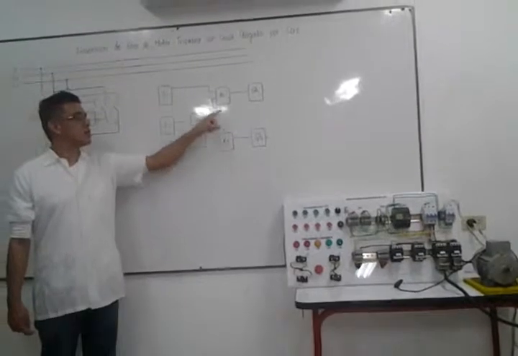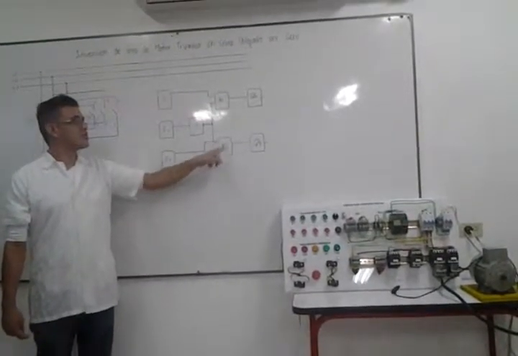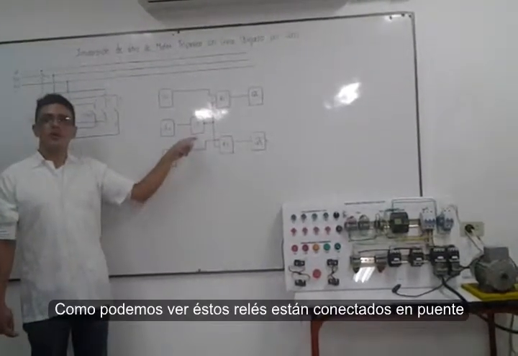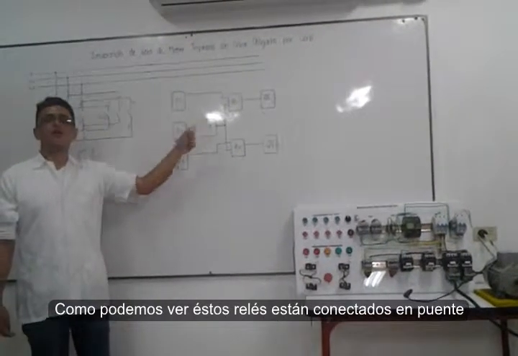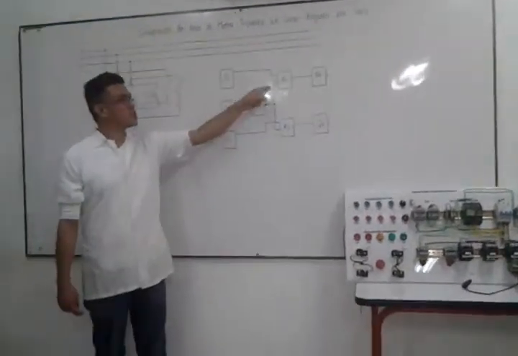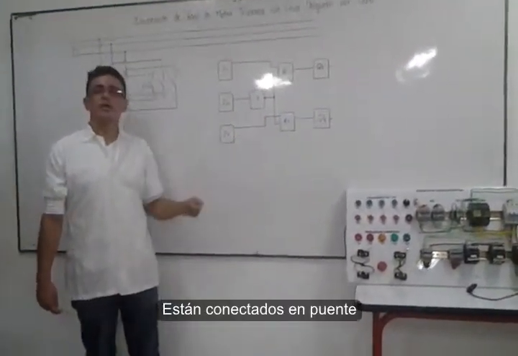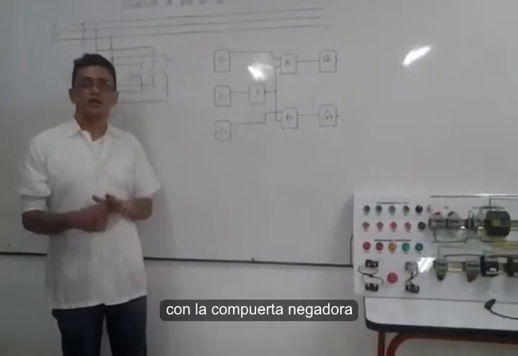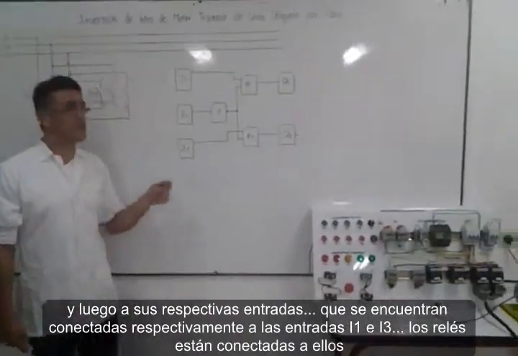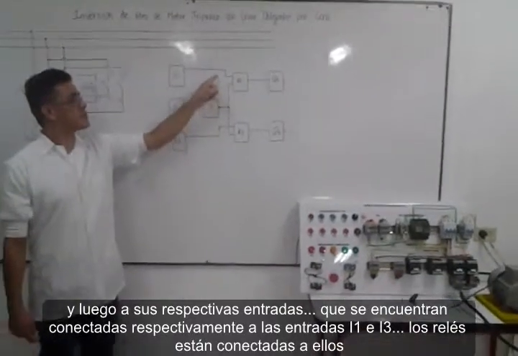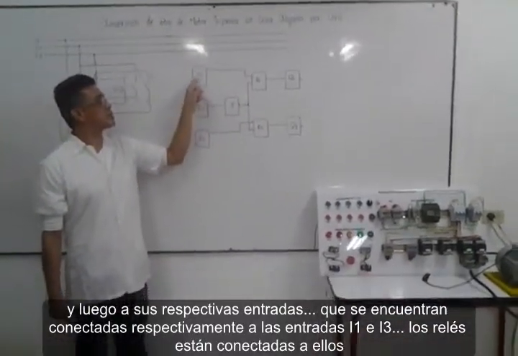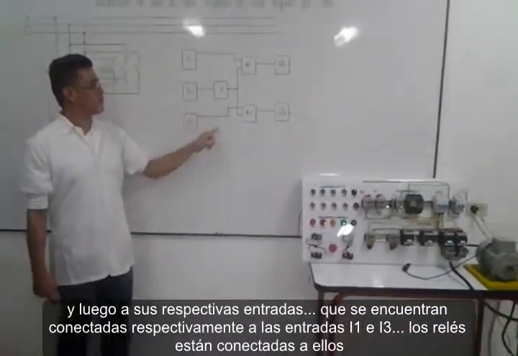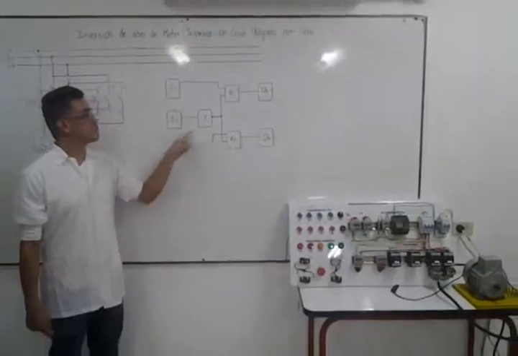The relays we have here are two, and we can see that these relays are connected in bridge with the negating gate, and turn to the respective inputs. They are respectively connected to the inputs I1 and I3.